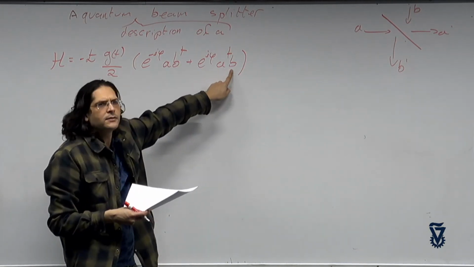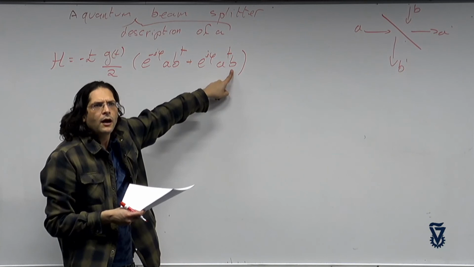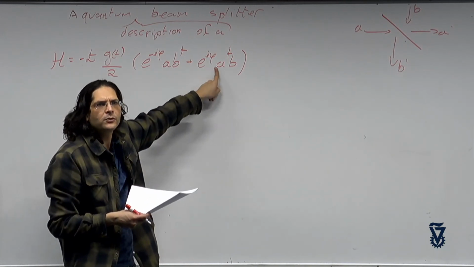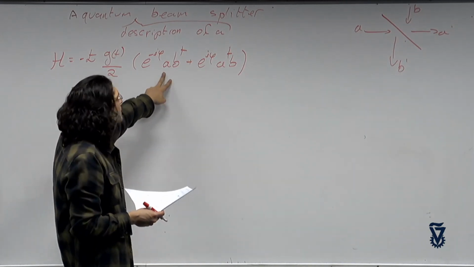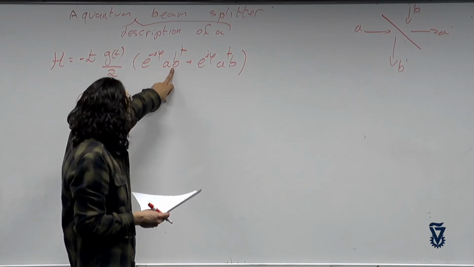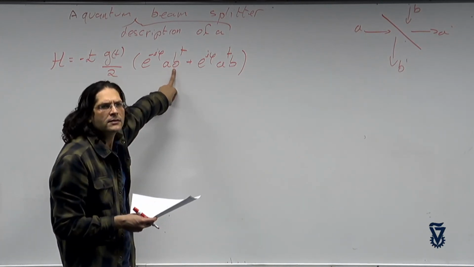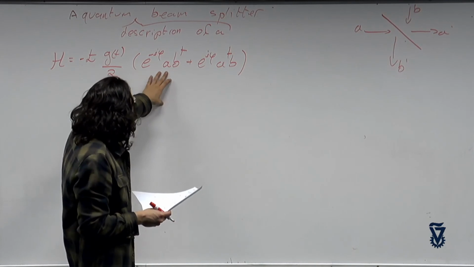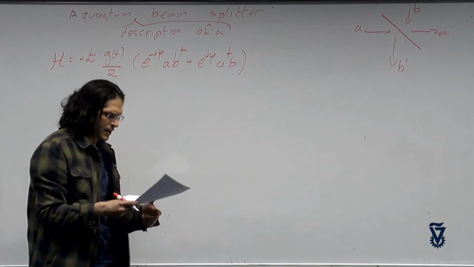It destroys a photon in mode B and creates a photon in mode A, plus the Hermitian conjugate: it creates a photon in mode B and destroys a photon in mode A.